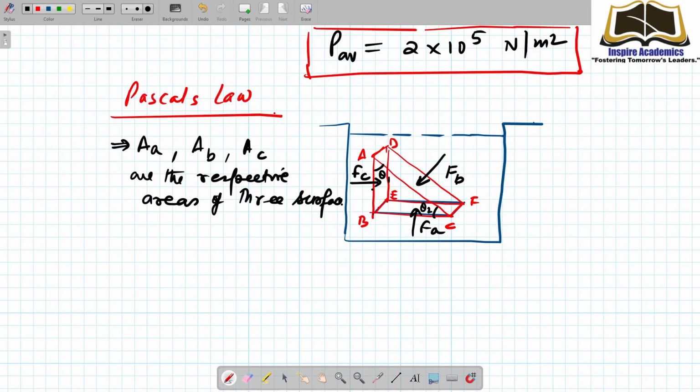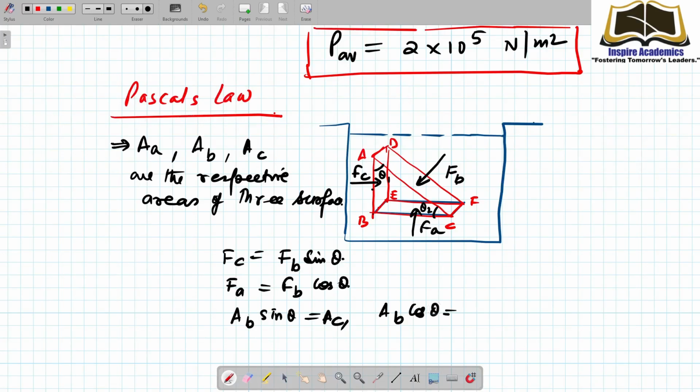So if you see, we could see F of C as FB sine theta, and then F of A would be FB cos theta, and A of B sine theta would actually give me AC, and AB cos theta would give me A of A. Simply by geometry, this is by geometry, aap dekh sakte ho na, aur ye aapko mil jaenge by equilibrium.